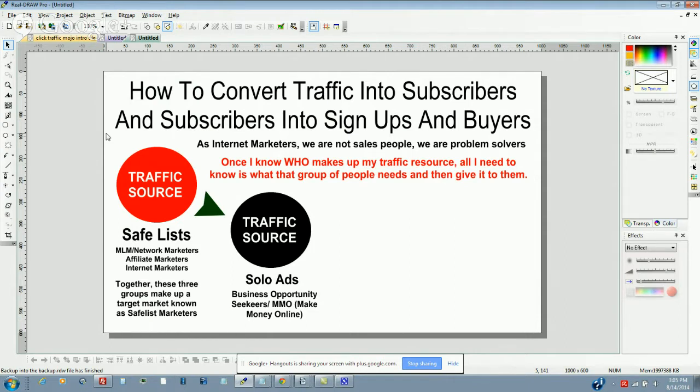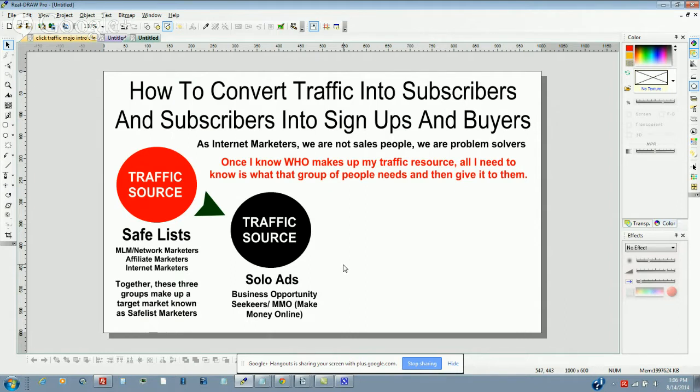So, this morning, like I said, we looked at two different traffic resources. We looked at the Safe List and we looked at Solo Ads. Both are fantastic traffic resources with two completely different interest groups. Safe List marketers are people who are already in internet marketing, promoting something on the internet, in the hope of turning a profit.